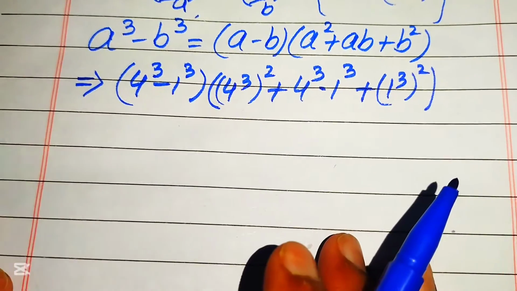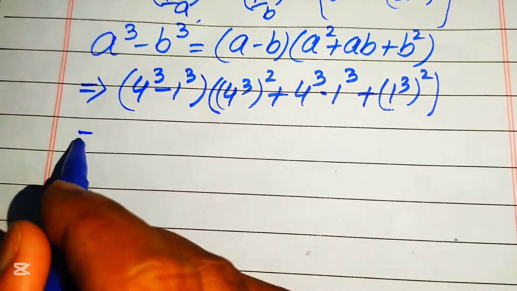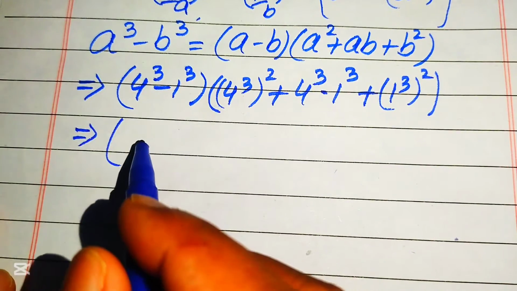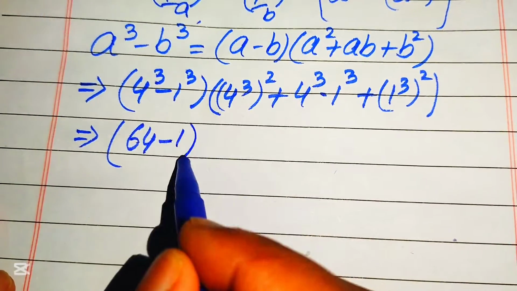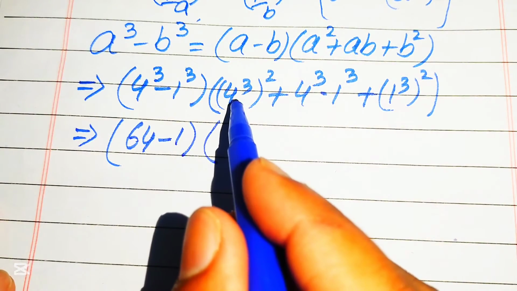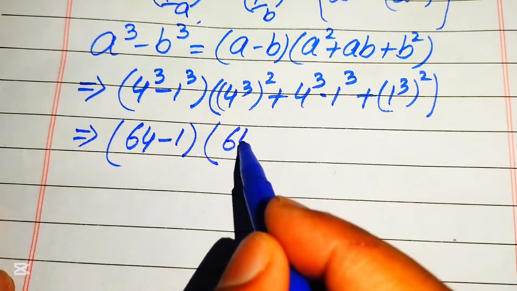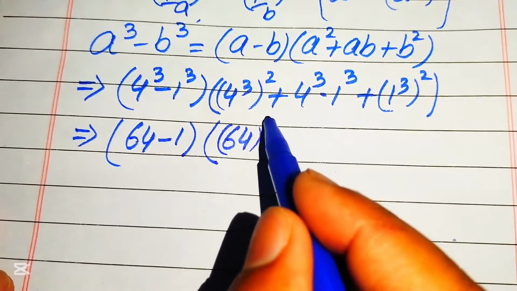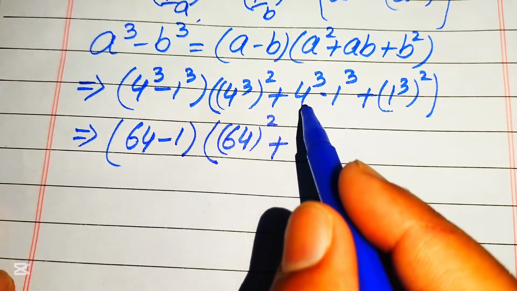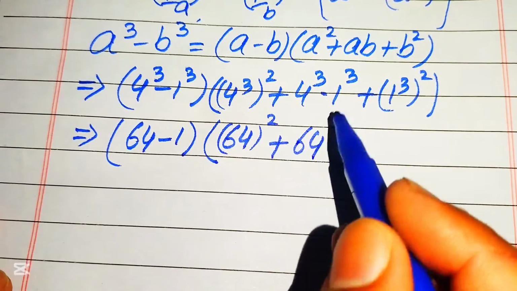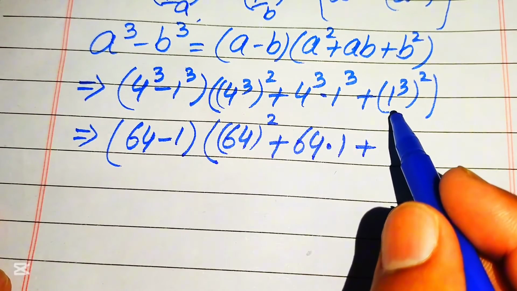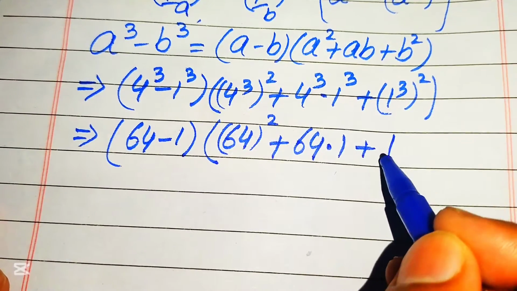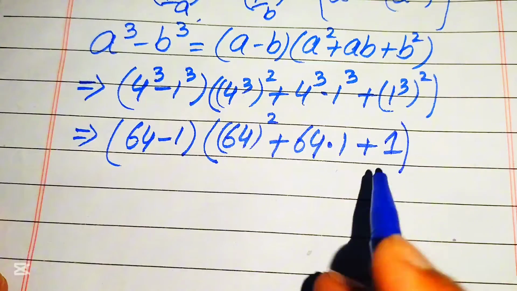Here we need some simplifications. You know that 4 cubed equals 64, and 1 cubed equals 1. Similarly, we can substitute 4 cubed equals 64. It will be written as 64 square plus, again, 64 times 1 cubed, and 1 cubed equals 1, and after that 1 square is also equal to 1.